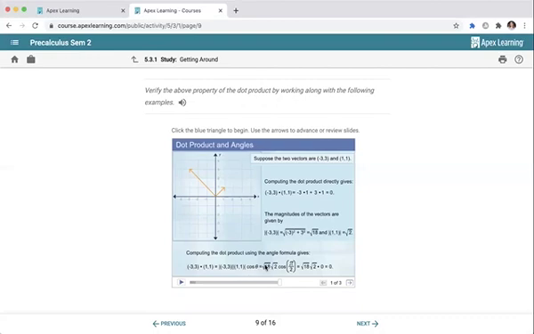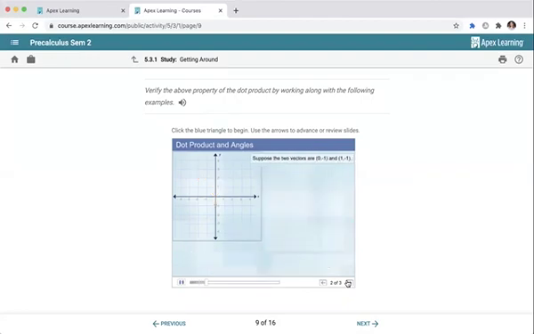And here what they do is they plug in theta being pi over 2. Since it's pi over 2, cosine gives us this 0 value, and that's equal to our 0 here.